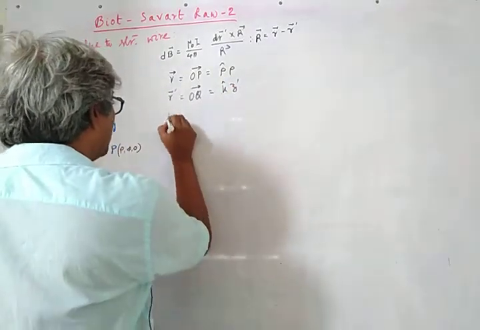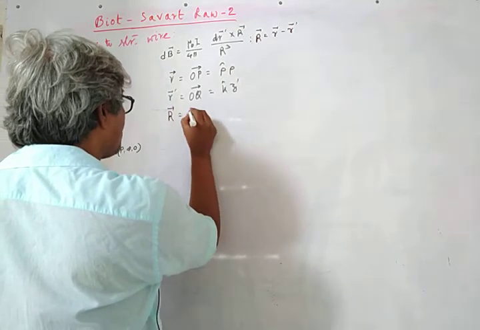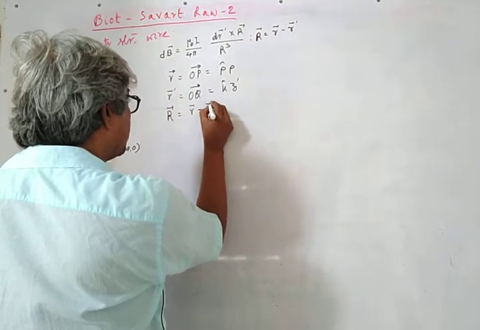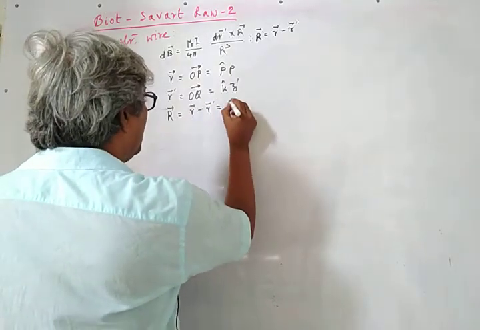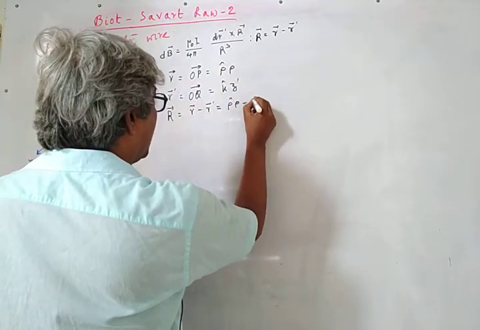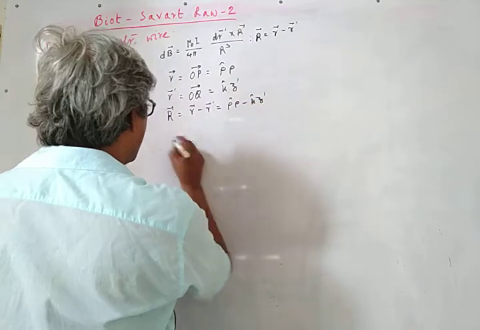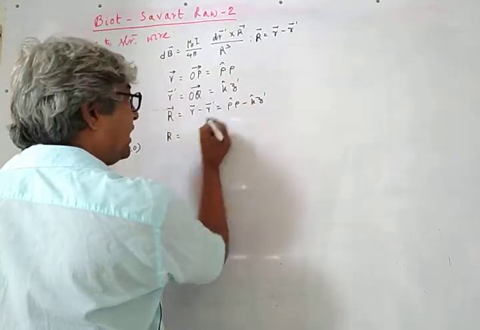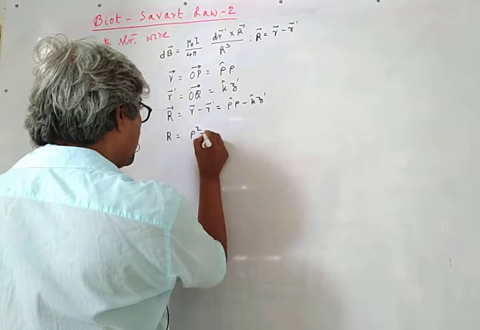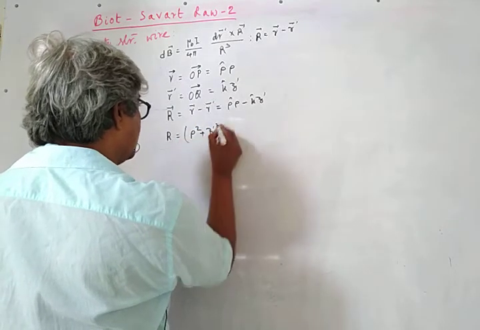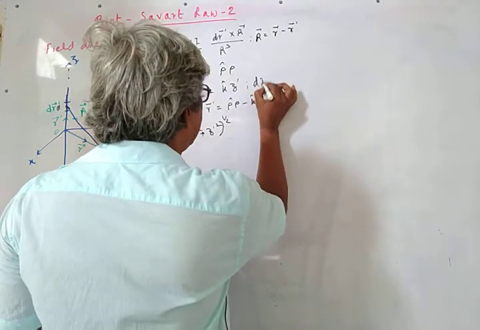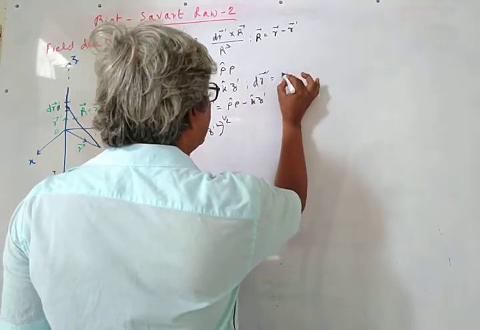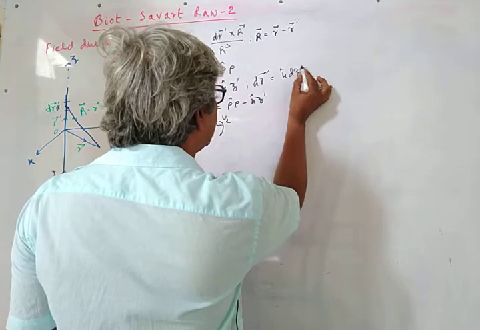So the relative coordinate is R minus R prime, equal to rho cap rho minus k cap z prime. The magnitude of R is rho square plus z prime square to the power half, and from here we get dr prime equal to k dz prime.